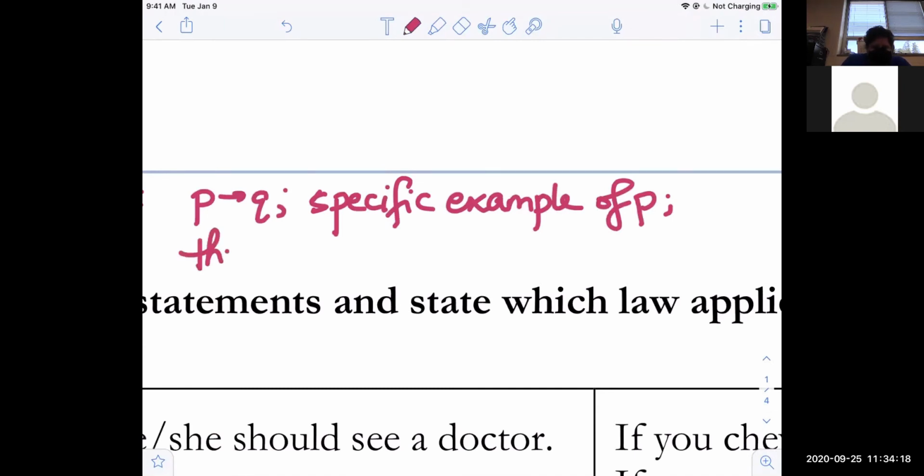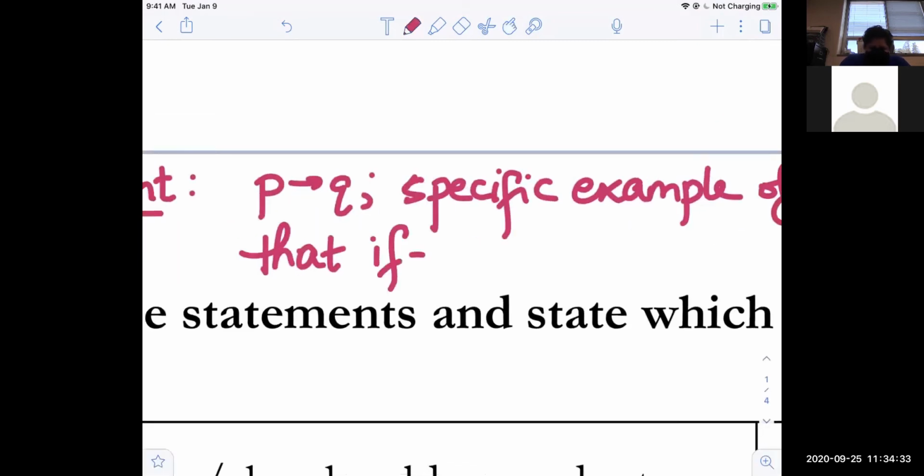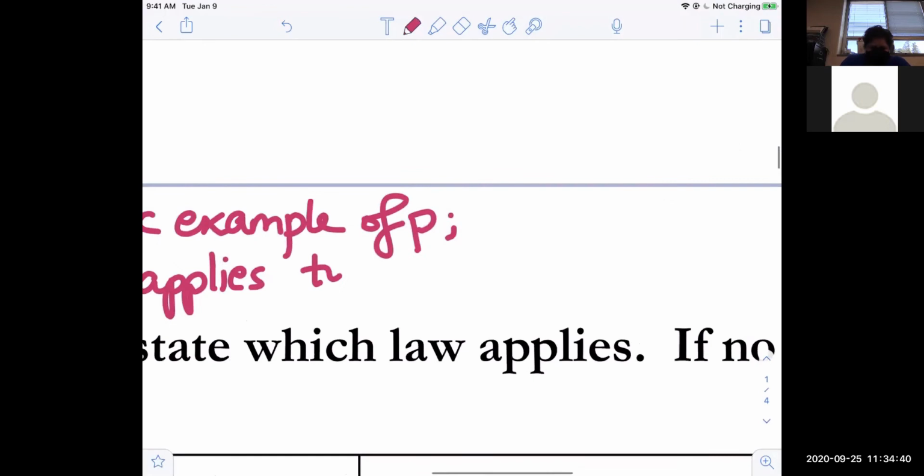That if-then applies to the example. Sorry, I know it's got really messy all of a sudden.